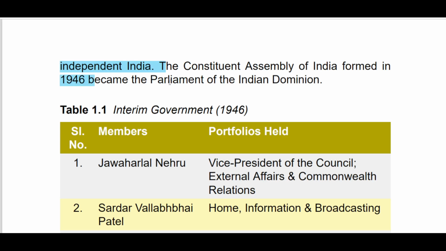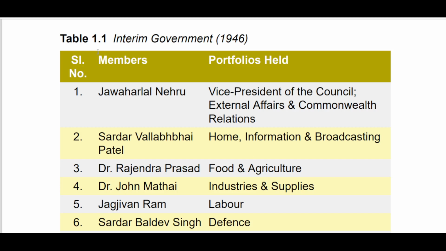The Constituent Assembly of India formed in 1946 became the Parliament of the Indian Dominion. So it was known as the interim government, and the members were: Pandit Jawaharlal Nehru, who was chosen as the Vice President of the Council, with External Affairs and Commonwealth Relations.